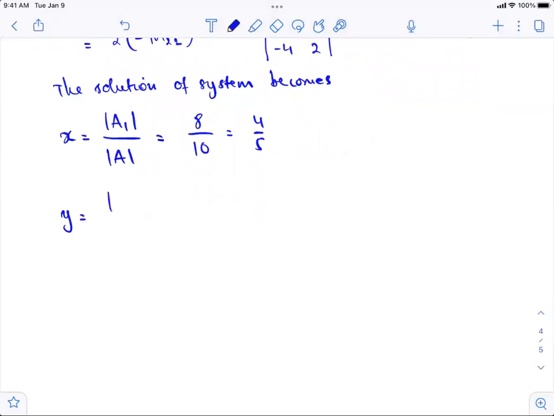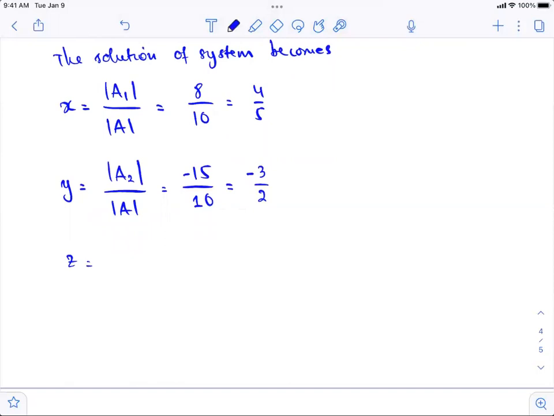The y value is the determinant of A2 over the determinant of A, or this is -15 over +10, and if you simplify it, you get -3 over 2. And the value of z is the determinant of A3 over the determinant of A. You get -16 over 10, or this is -8 over 5 for simplification.